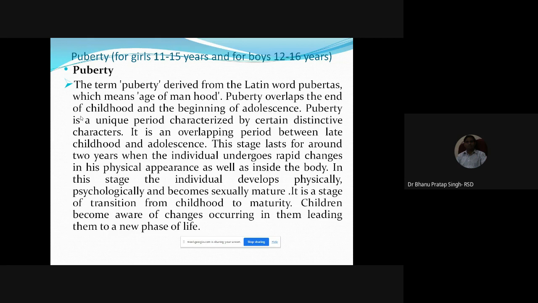We have discussed in many sessions that the age of 13 starts after 12, where the last word is teen: 13, 14, 15, 16, 17, 18, 19, up to 20. So 12 to 20 years is a very important age of the child, because in this particular age he thinks, he learns many things, he sees many changes in the body and in the environment.